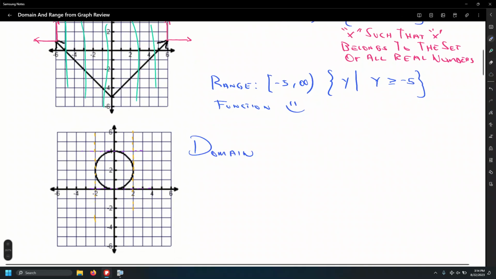All right. Okay, scanning from left to right. What's the domain? Negative 2 to 2. All right, I'm going to write negative 2 to 2. Now we need inclusion exclusion symbols, bracket for both, right? Because, well, at these endpoints, we have solid points. We could have open circles just to mess things up.